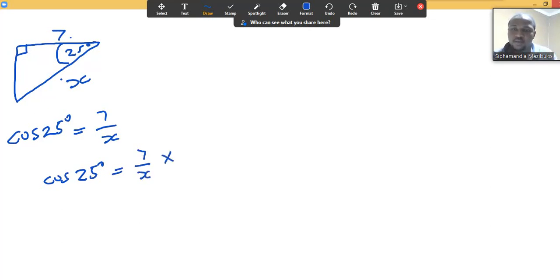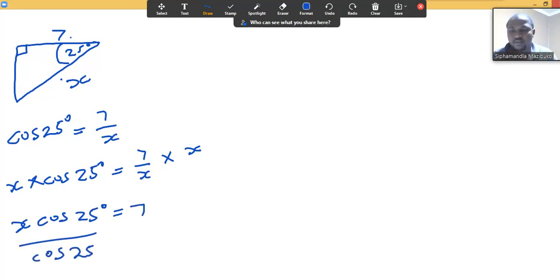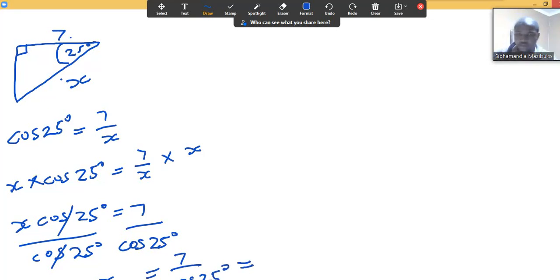Let's say we multiply by x both sides, and then we'll have x cos 25 degrees is equal to 7, and you can divide by cos 25 degrees, then this one goes off, that therefore we have x is equal to 7 all over cos 25 degrees.